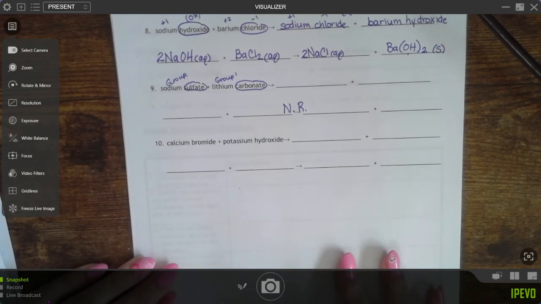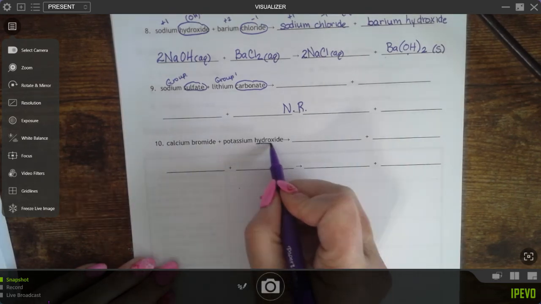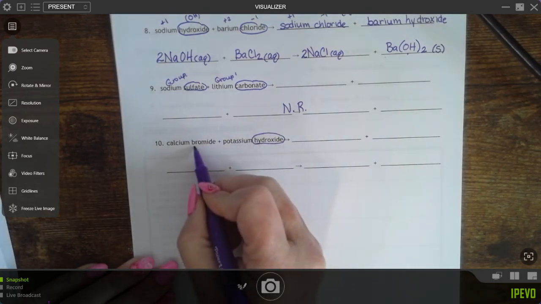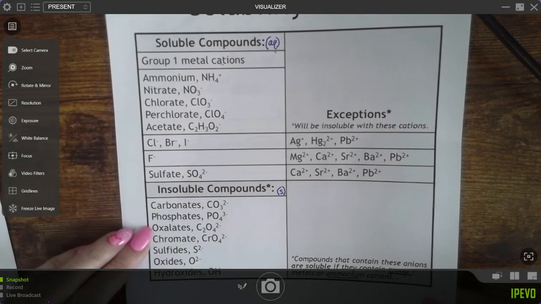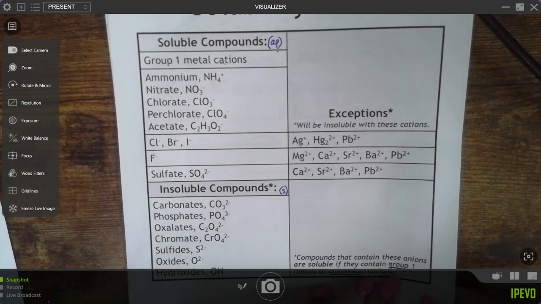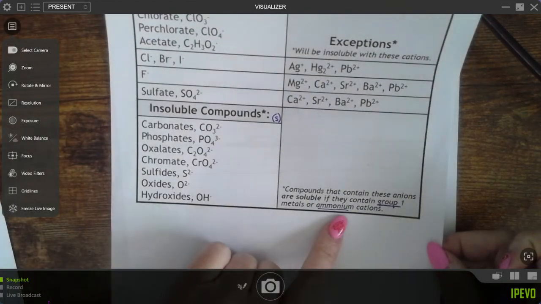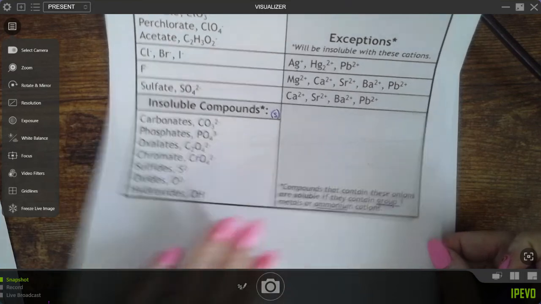All right, 1 more. We have calcium bromide and potassium hydroxide. I'm thinking that this is going to be a reaction because that hydroxide, let's look. Hydroxides are always insoluble unless with group 1. Looks like you couldn't see that. Hydroxides are only soluble if they're with group 1.